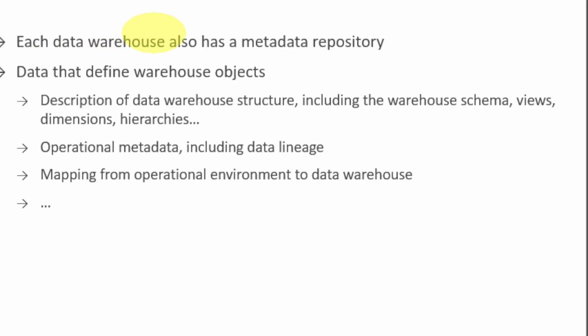Each data warehouse also has a metadata repository. Data that defines warehouse objects. Description of data warehouse structure including the warehouse schema, views, dimensions, hierarchies. Operational metadata including data lineage. Mapping from operational environment to data warehouse.